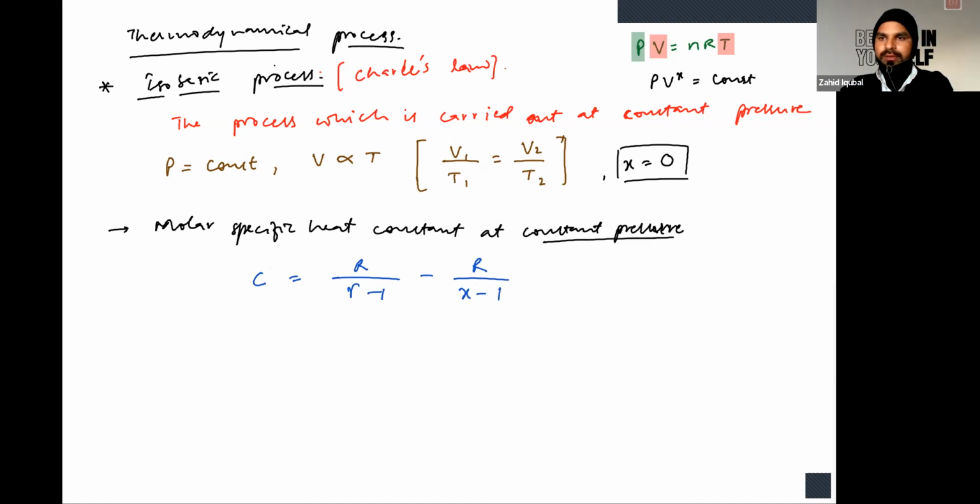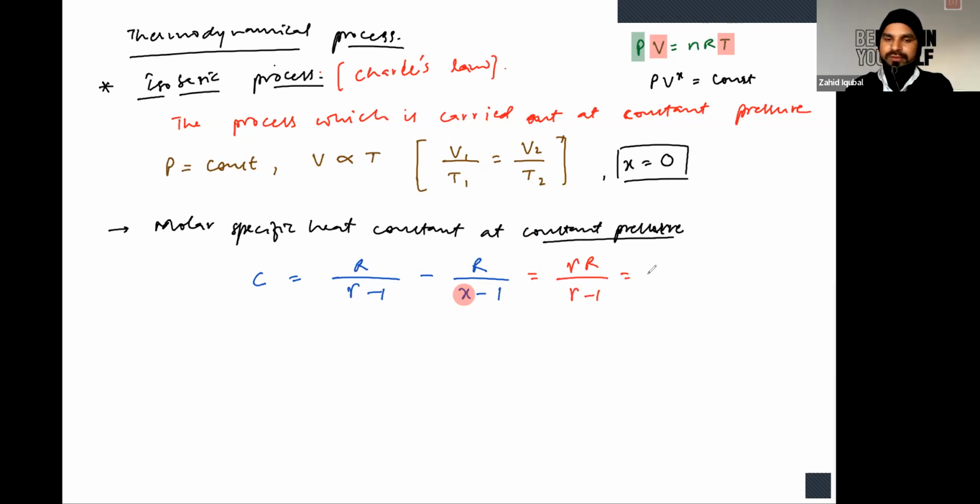So we have to put x to be 0 in this expression. According to this relation, you get minus 1 and minus becomes plus, so you're left with R by gamma minus 1 plus R. On simplifying, you get gamma times R divided by gamma minus 1.